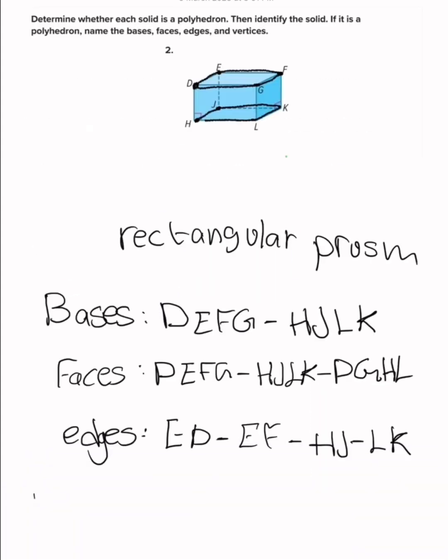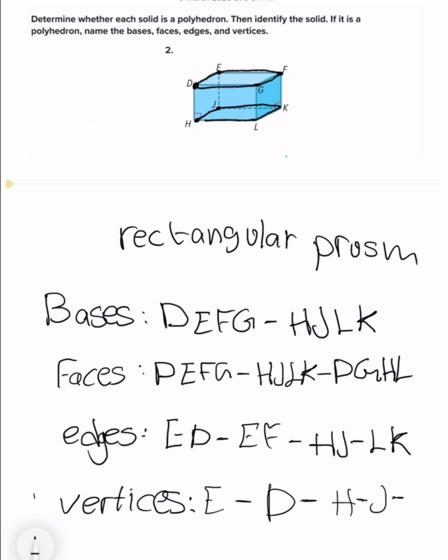Let's go back. Now, finally, we have to find the vertex. Vertex is also the easiest thing. We can write E or D or H or J or L or K or F or what we didn't write, G. So you can write anything.